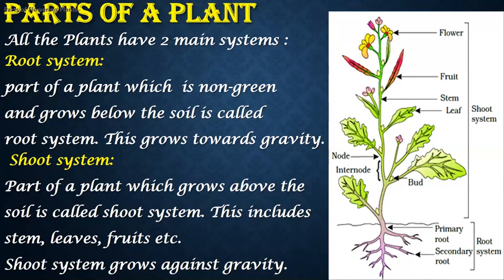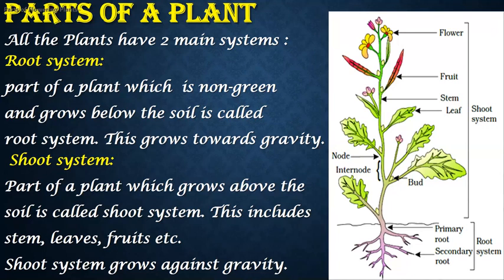Parts of a plant. All the plants have two main systems, root system and shoot system. Root system, part of a plant which is non-green, that is, they do not possess chlorophyll and grows below the soil.